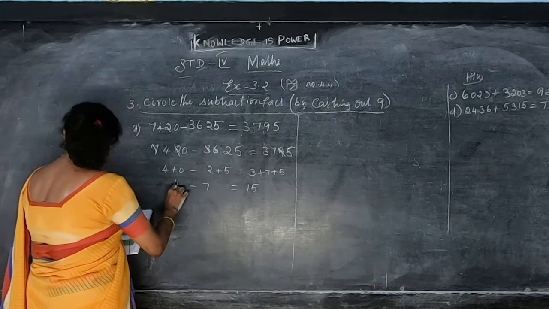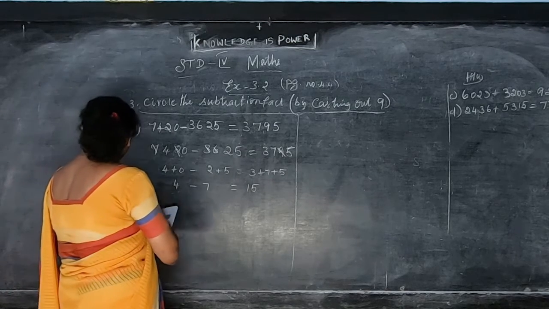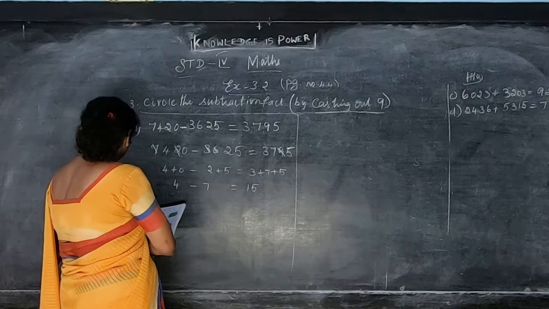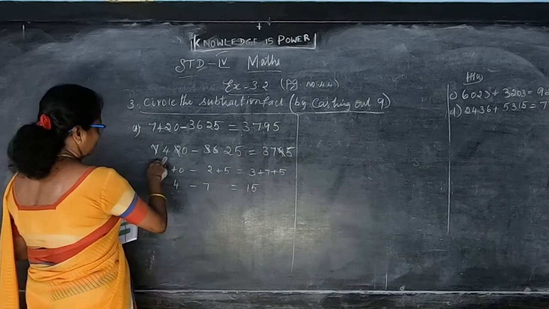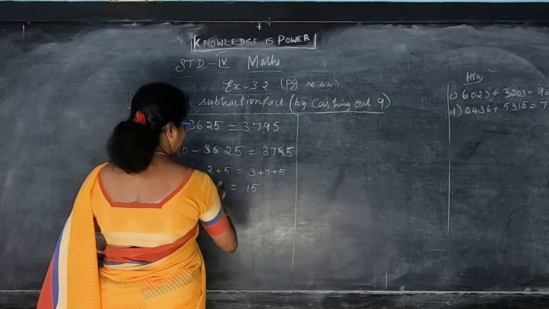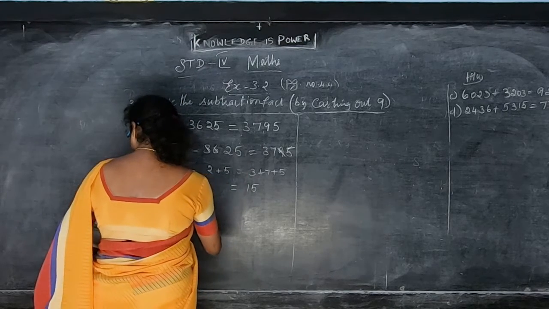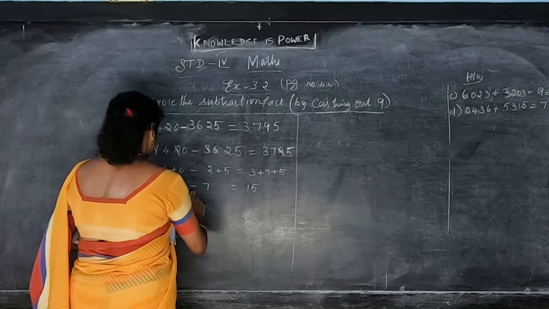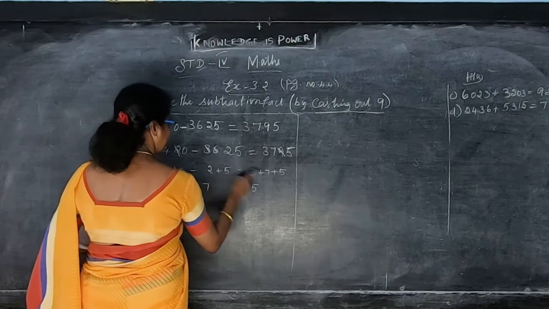Now 4 plus 7. So then 4 plus 0 is 4 and here 2 plus 5 is 7. This is equal to 15.